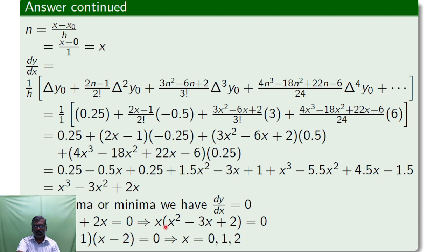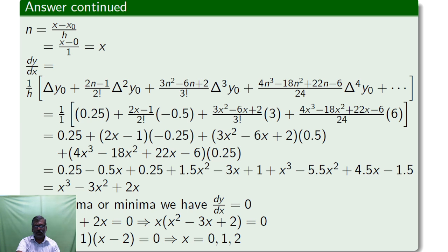So take x as common: x into (x squared minus 3x plus 2) equal to 0. So x equal to 0, or factorize this: the product must be 2 and the addition must be minus 3.